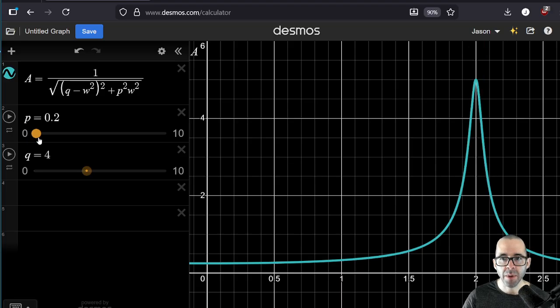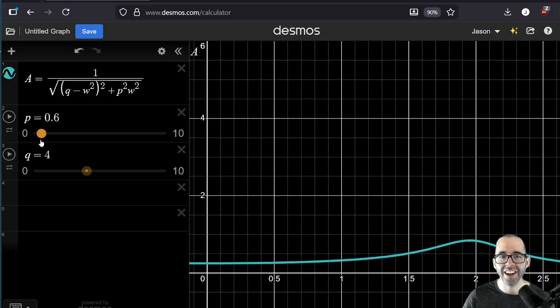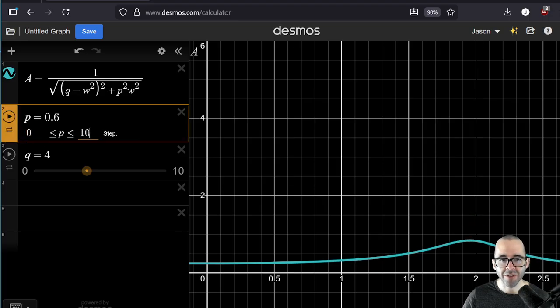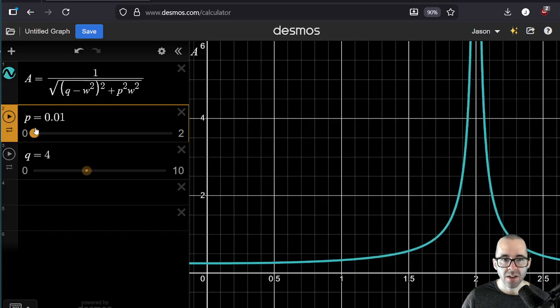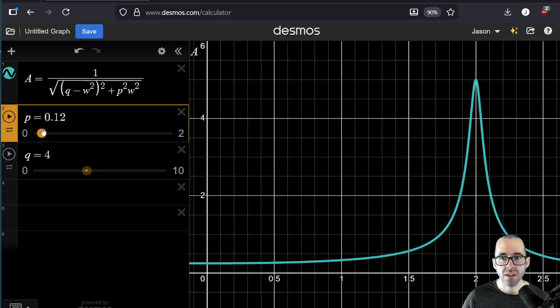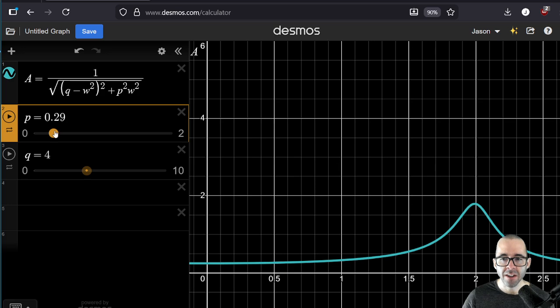And as our damping gets bigger, what do you think's happening? Oh, yeah. As our damping gets bigger, of course, we have less of a reaction to that matching our frequencies. And that's going to be a really useful tool that we're going to talk about near the end of the section when looking at washing machines, of all things.